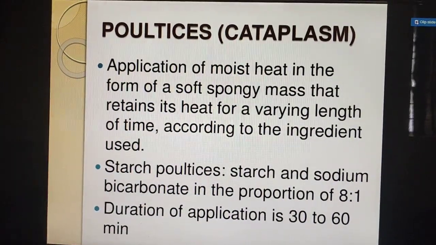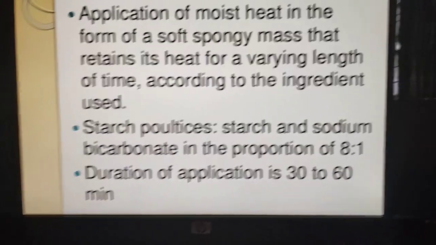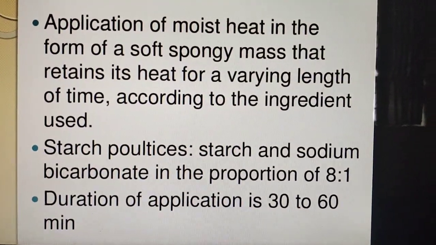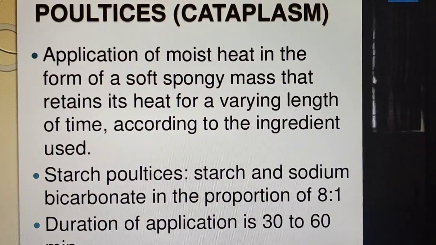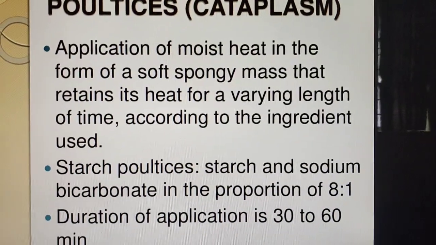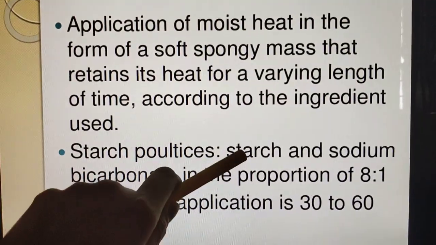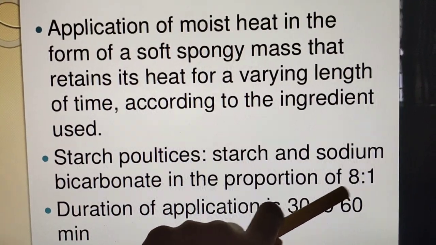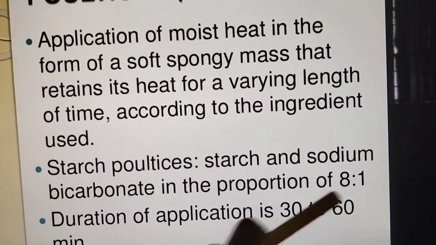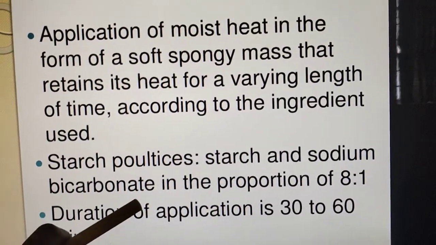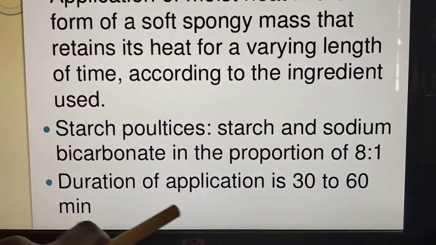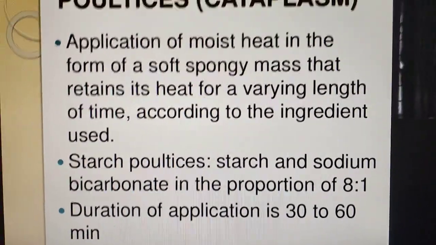That we call Poultice. For example, a starch Poultice means starch and sodium bicarbonate, which is salt. How much? Of starch we have to take 8 proportions, along with 1 proportion of sodium bicarbonate. The duration of application can be half an hour to 1 hour.